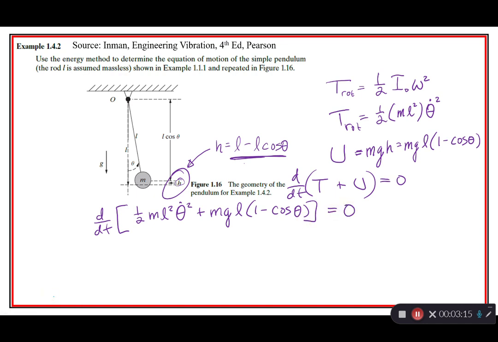Okay, so we can take the derivative of that, and we end up, okay, so the 2 cancels, so we're going to get m L squared, then we get a theta dot, and then a theta double dot, plus m g L sine of theta, but we also need to take the derivative of theta, so theta dot multiplied by it, equals 0.